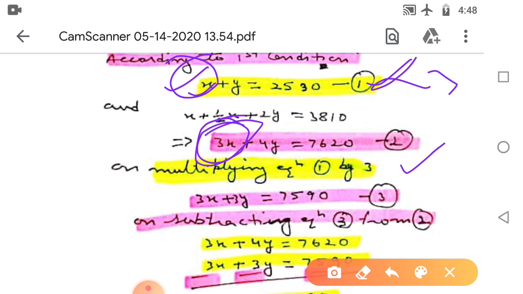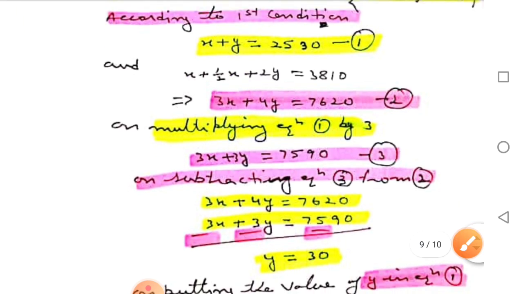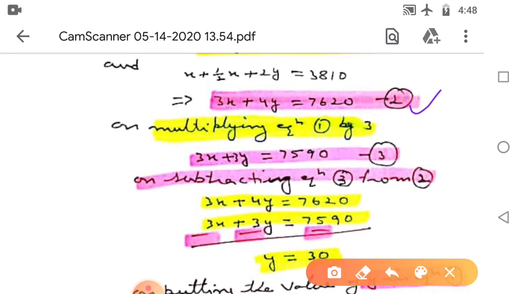So when you multiply equation 1 by 3, it becomes 3x plus 3y is equal to 7,590. This is equation number 3. Now we need to solve equation 2 and equation 3. Clear? On subtracting equation 3 from equation 2, we get 3x plus 4y is equal to 7,620, and 3x plus 3y is equal to 7,590.